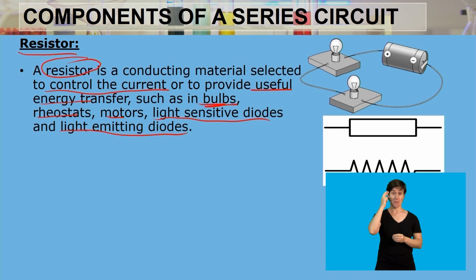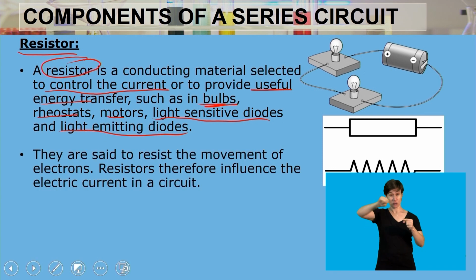However, remember, in an electric circuit, they are used to control or regulate the current flow from one point to the other. So these resistors are set to resist the movement of electrons, as we have said. When these electrons are moving from one point to the other, we call that our current flow.